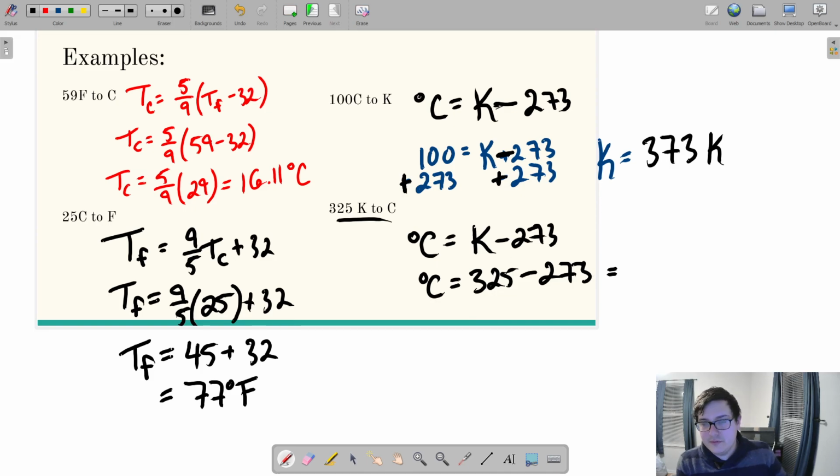Is that right? 325 minus 273. Hey, look at that. So this is 52 degrees Celsius. Okay, so you notice in here that when you're talking about Fahrenheit, you use degrees Fahrenheit. We're using Celsius, you use degrees Celsius. But when you're talking about Kelvin, you use just Kelvin.